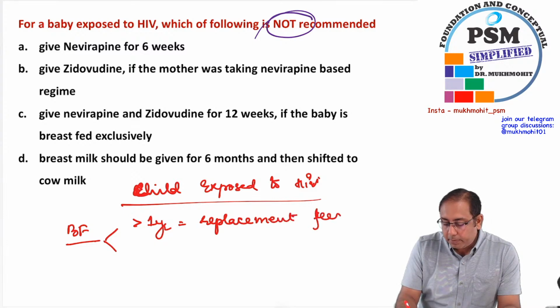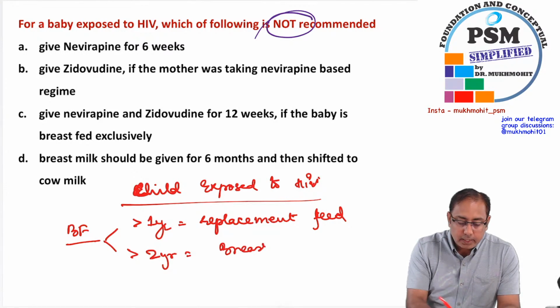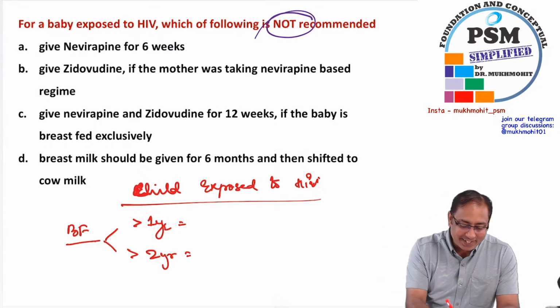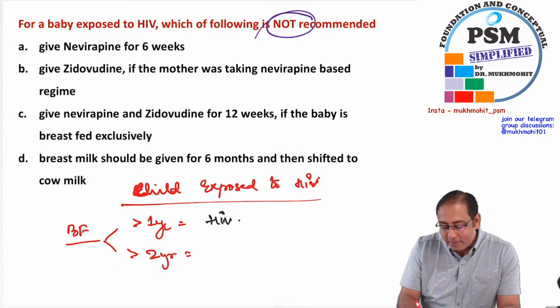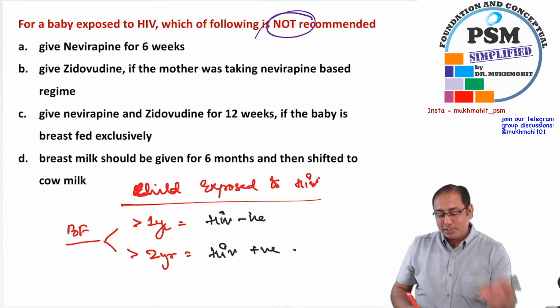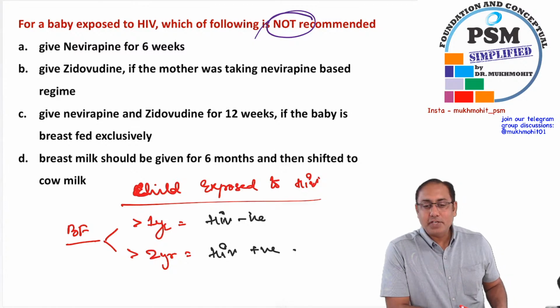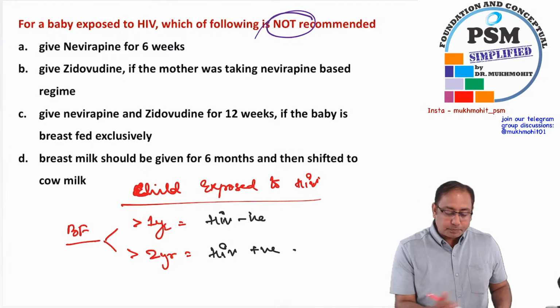I'm sorry, let me correct this guideline. Breastfeeding has to be continued for at least 1 year if the child is HIV negative, and for 2 years if the child is HIV positive. So that was a small correction.